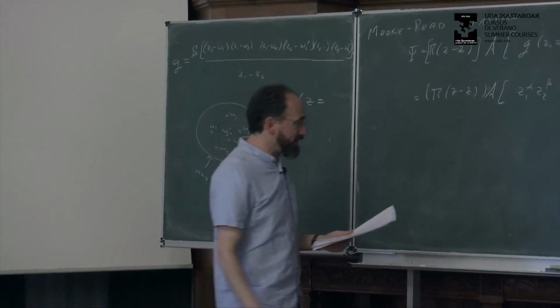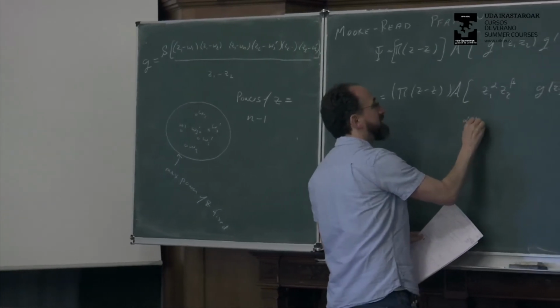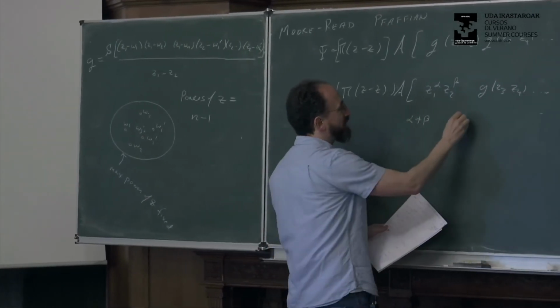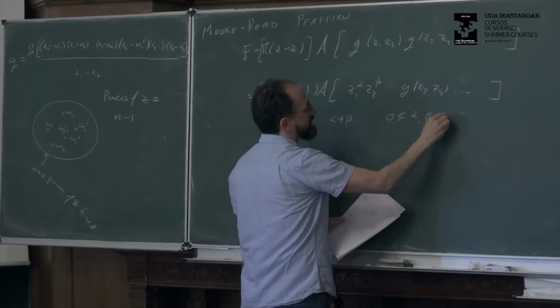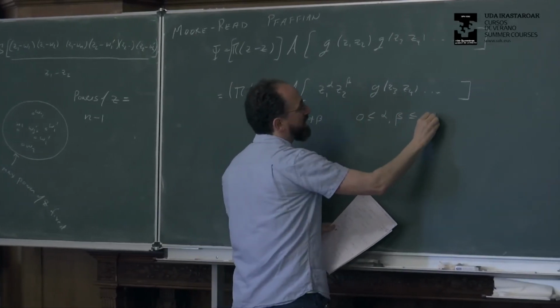And we know that alpha has to be not equal to beta, otherwise we get 0 when we anti-symmetrize. And 0 should be less than or equal to alpha and beta, which should be less than or equal to n minus 1.